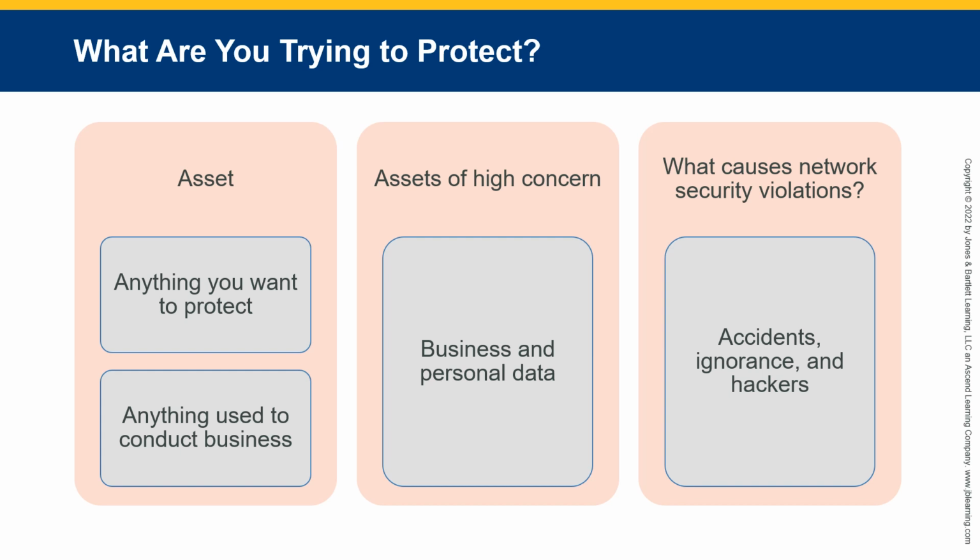The formula for Coca-Cola, that would be an asset of high concern, just the formula itself. A trading algorithm that helps a brokerage firm make fast trades and make money that way could be business data that is of high concern.